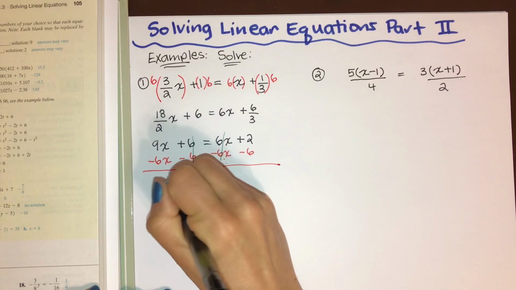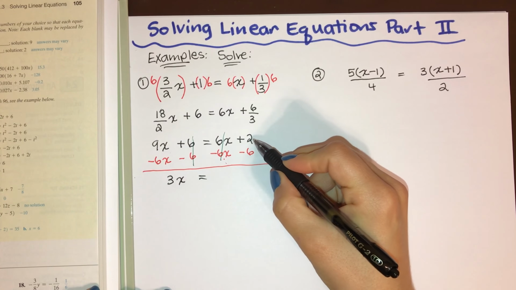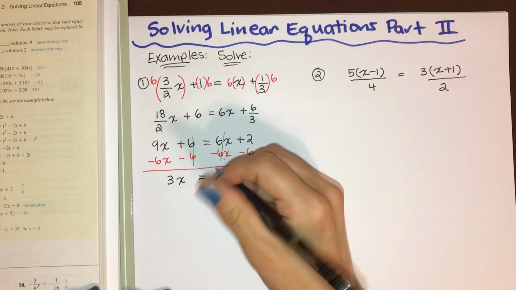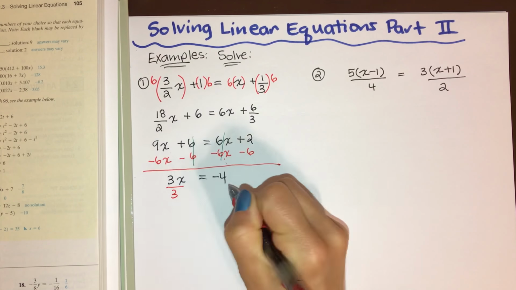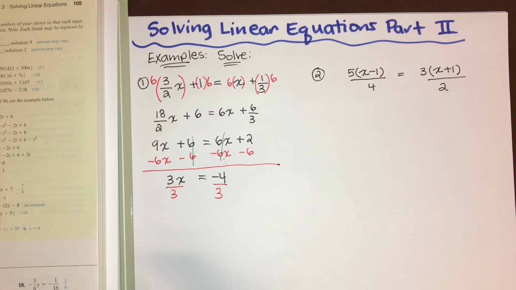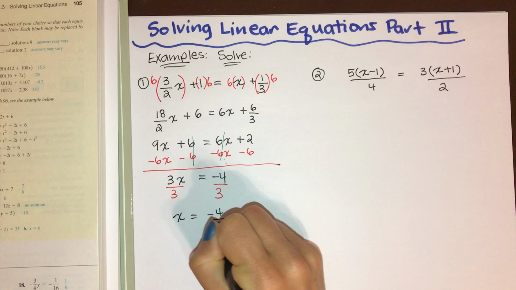And so we get 3x is equal to 2 minus 6. That's going to give us negative 4. And then we divide both sides by 3. We get x is equal to negative 4 over 3.